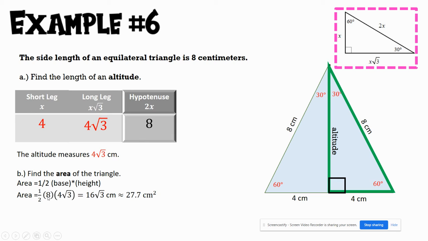Half of 8 is 4. 4 times 4 is 16. And I've got 16 root 3. If they did ask us to round, which they didn't specify, but if they did, then you would go to your calculator and enter it in. So if you enter this into your calculator, it's about 27.7 centimeters squared.